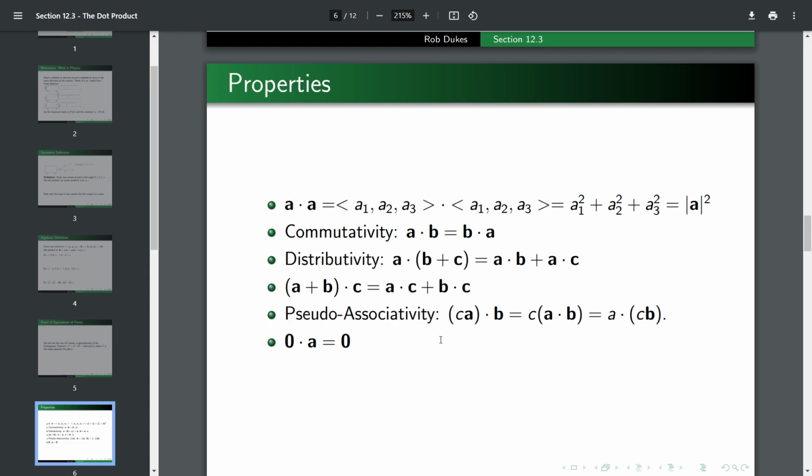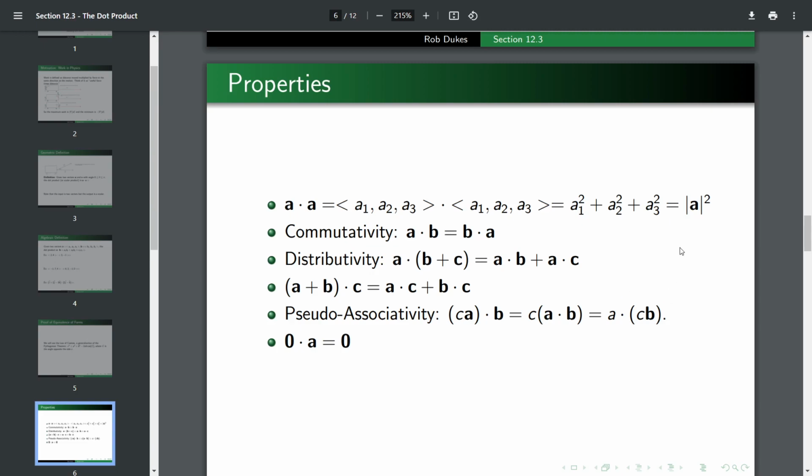There's this pseudo-associativity. And I say pseudo-associative because real associativity would be if they were all vectors. But here we're talking about a relationship between vectors and scalars. If I've got a vector cA dot B, I could pull the c out and do A dot B and then times c. Or I could multiply c by vector B and do A dot that.